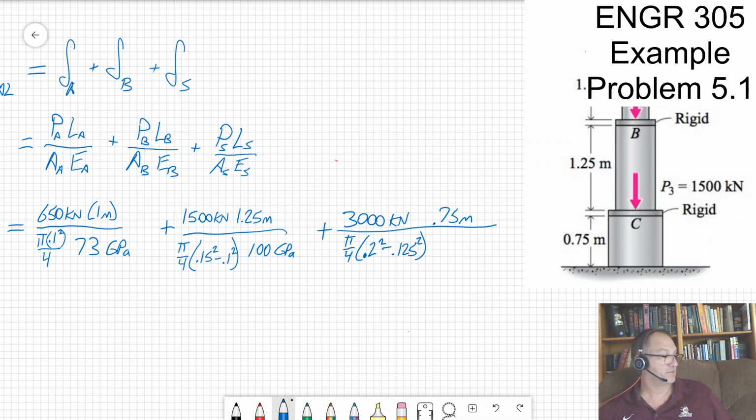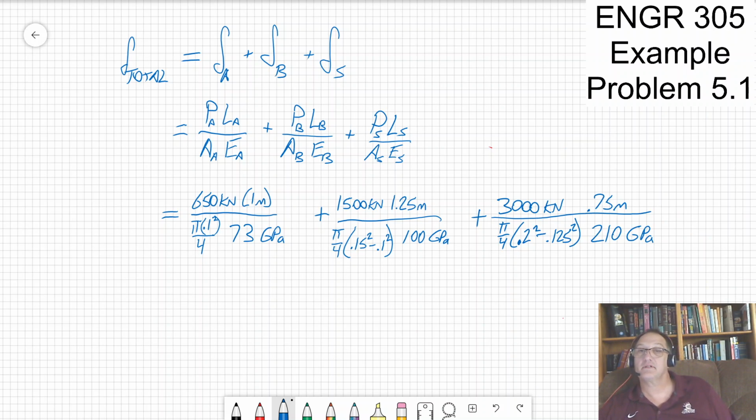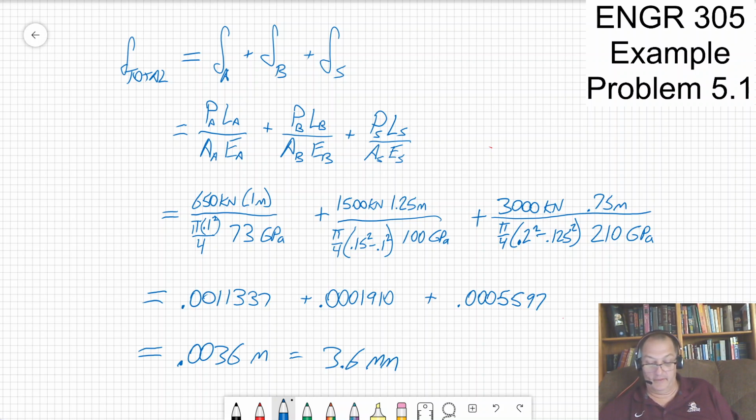And then the Young's modulus for that was 210 GPa. And that's going to be my answer. Let's get rid of the problem statement. I just have to run the calculation. So let me grab my trusty dusty calculator. Boom, and there we are.